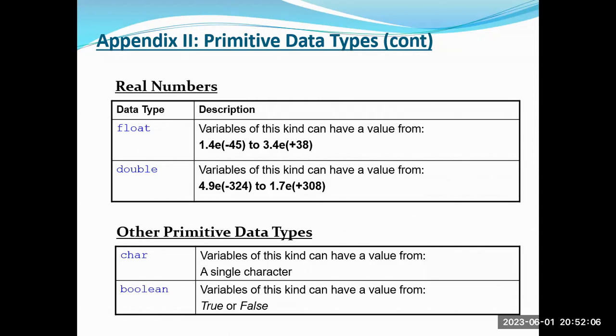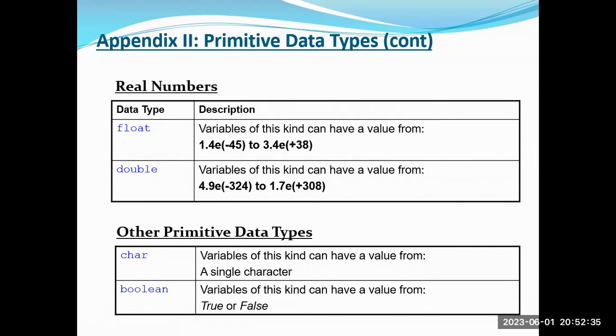So you can see 1.4e-45, meaning that it can store up to 45 decimal places on the negative side. Then on the positive side, 38 decimal places for float. But for double, you can see that it's what?